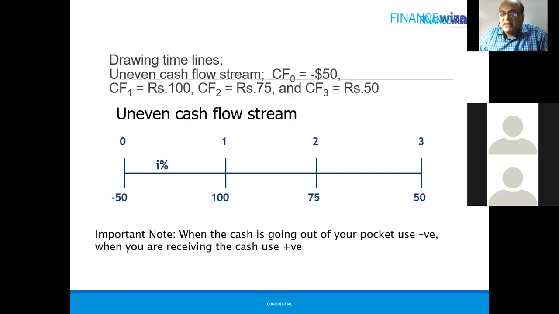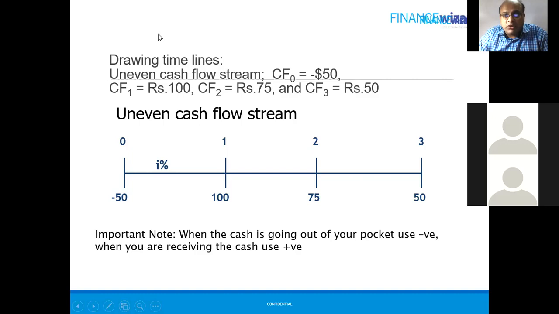Very important part. When the cash is going out of your pocket, use a negative sign. And when you are receiving cash, use a positive sign. Especially for Excel, this is important.